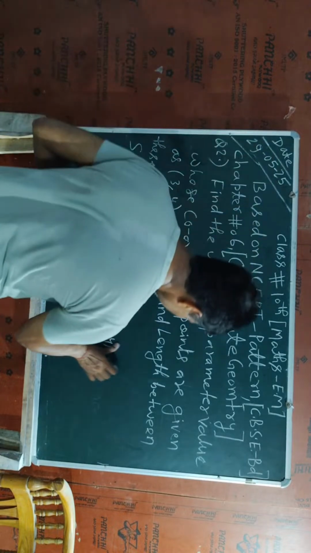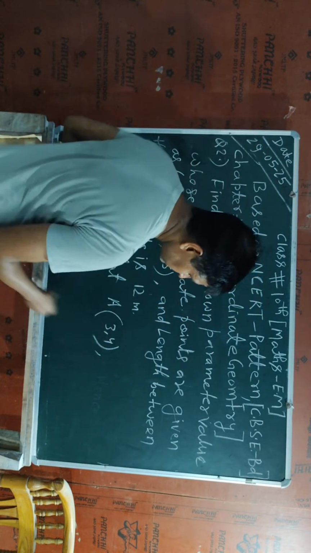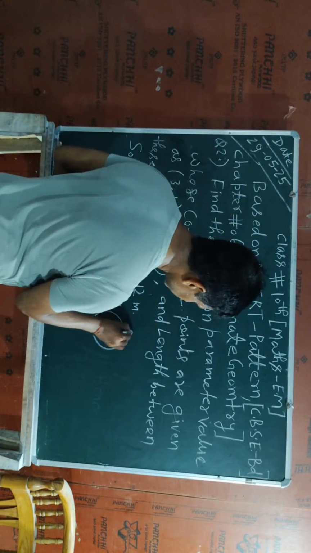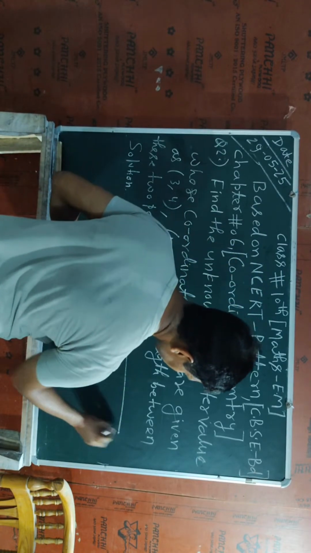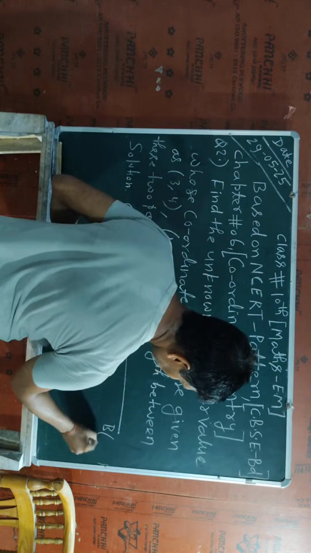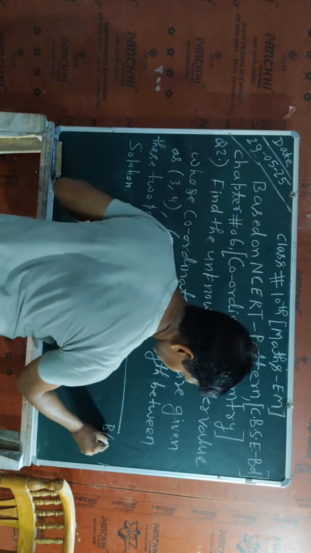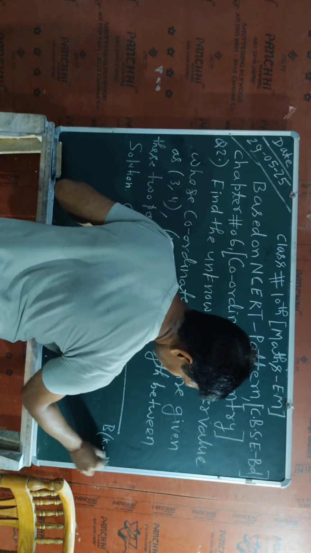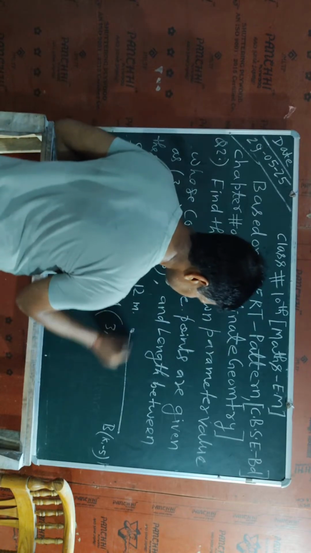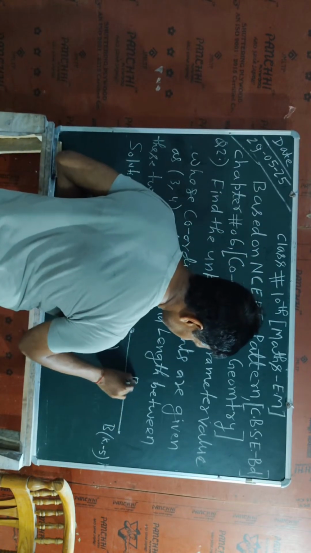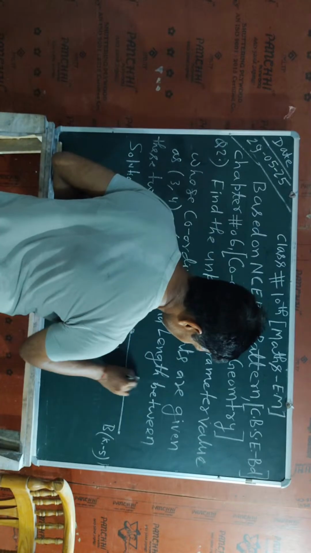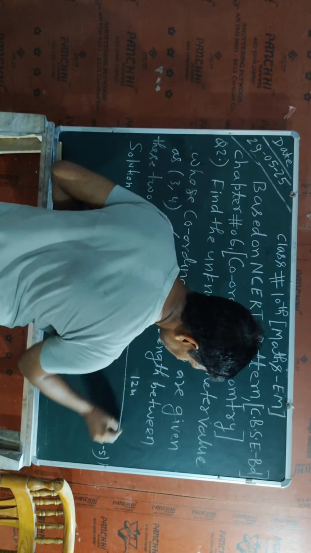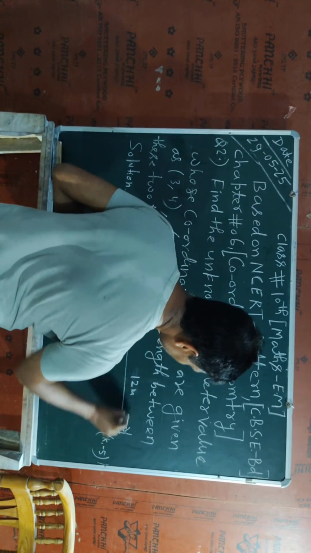The other point I am considering is B whose coordinates are k, minus 5, and the length between these 2 points is also given, that is 12 meter. So we can easily find the parameter value.